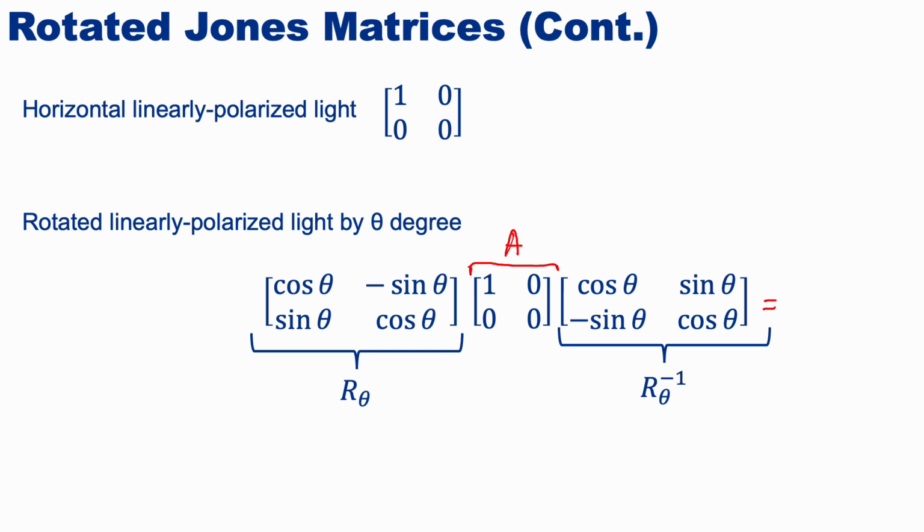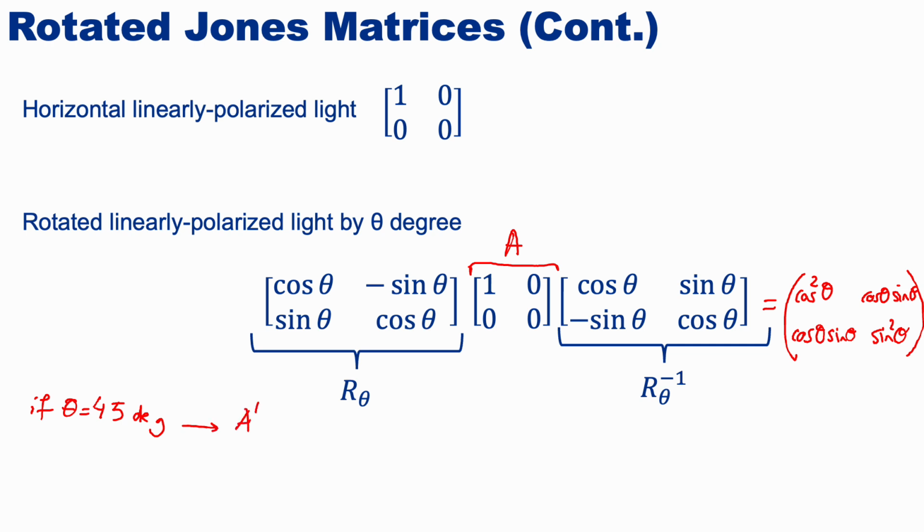And then when we estimate this, it's going to be cosine square, cosine sine, again here cosine sine, and sine square. And if we particularize for the angle of 45 degrees, now our new matrix is going to be 1/2, 1/2, 1/2, and 1/2. Why? Because the sines and cosines are the same value.